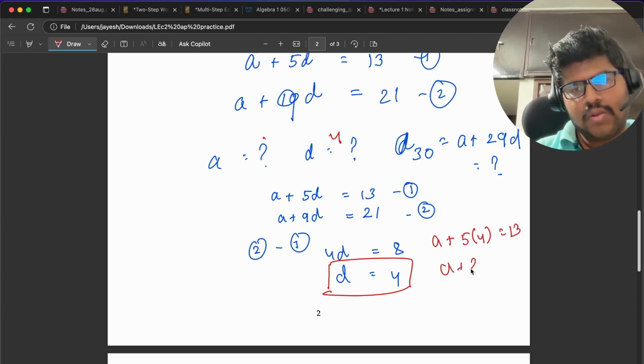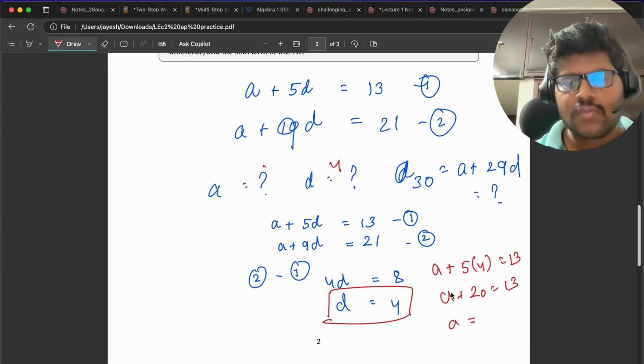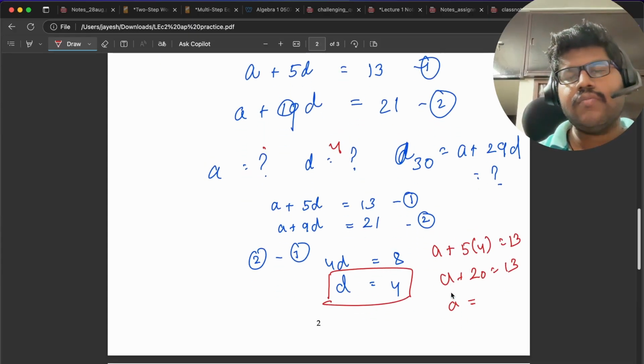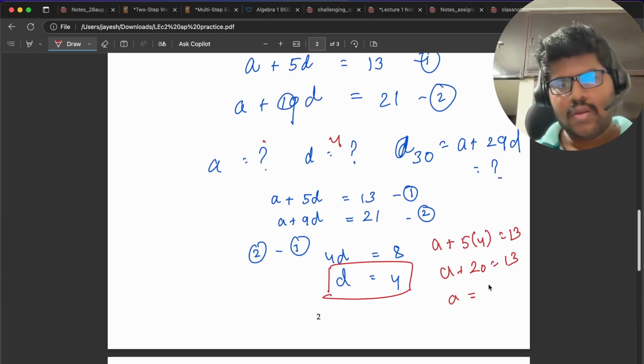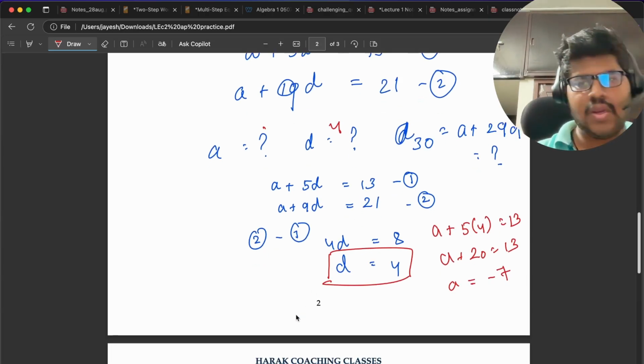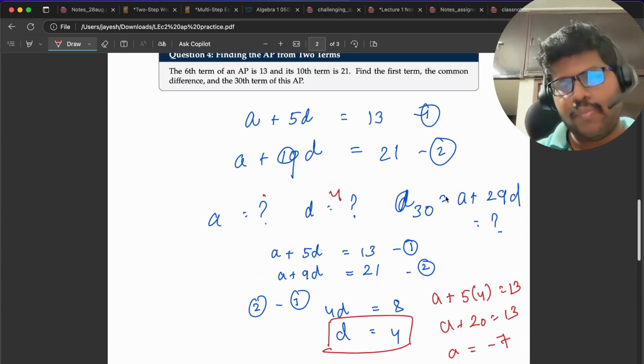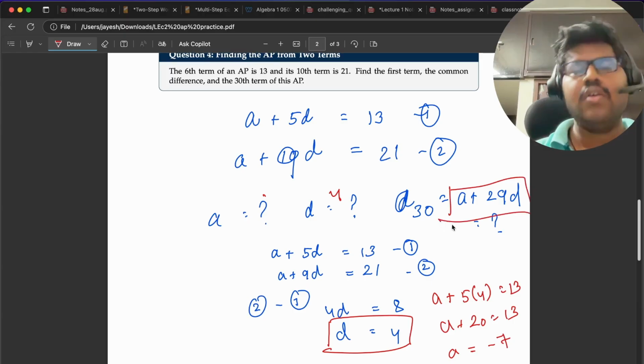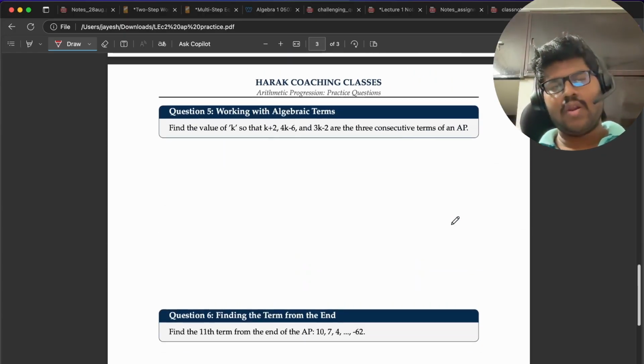So A plus 20 equals 13, then A equals 13 minus 20, which is negative 7. So the first term is negative 7. Now based on that, we can directly put it in A plus 29D to get the 30th term, right?